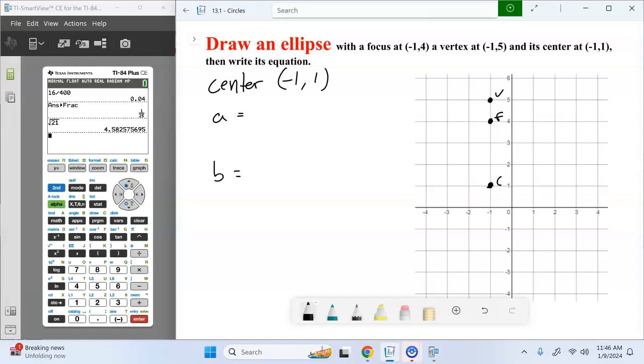I understand what you're trying to say, but let's rephrase that to be a little bit more specific. Vertex to what? Vertex to center. So A is vertex to center. So what's A? A is 4.